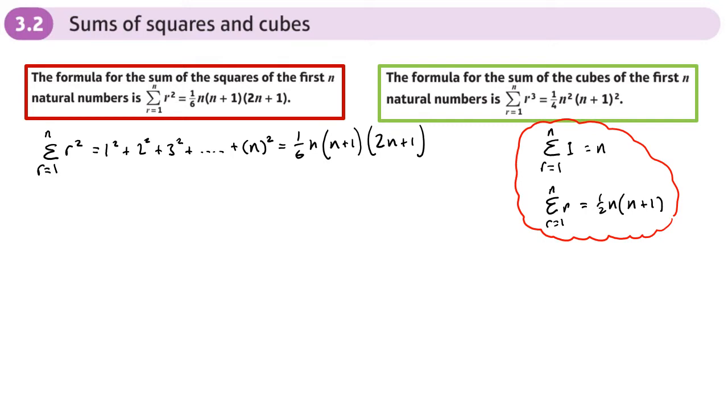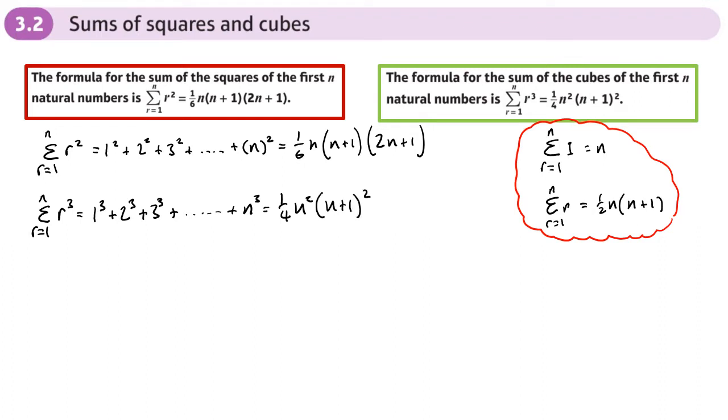And the second one for the sum of cubes, the first n cubes. Okay, so that means 1 cubed plus 2 cubed plus 3 cubed and so on up to n cubed. That is 1/4 n squared n plus 1 all squared.